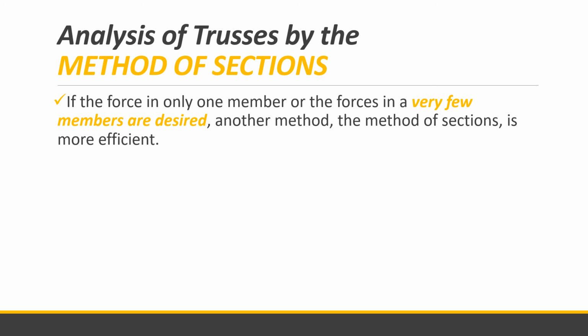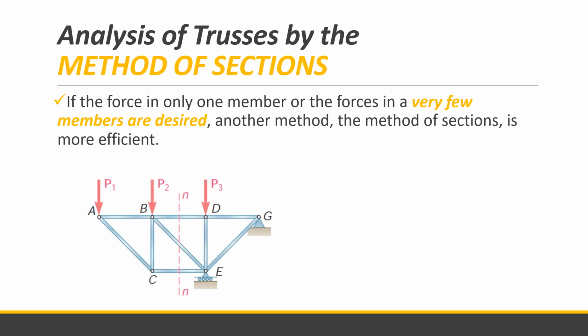For example, especially in the middle, you do not have to go joint by joint toward the middle, but go directly to the middle with the method of sections. Say we have a truss supported by a hinge at G and a roller at E, and you need to find the forces in the members BD, BE, and CE.